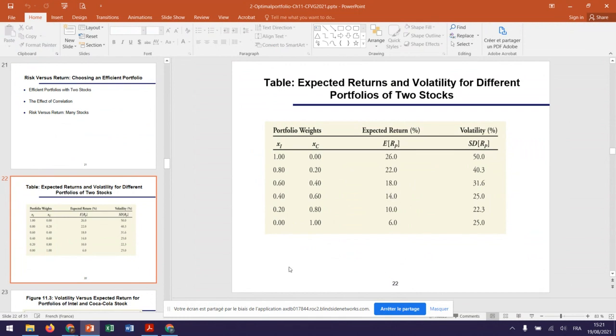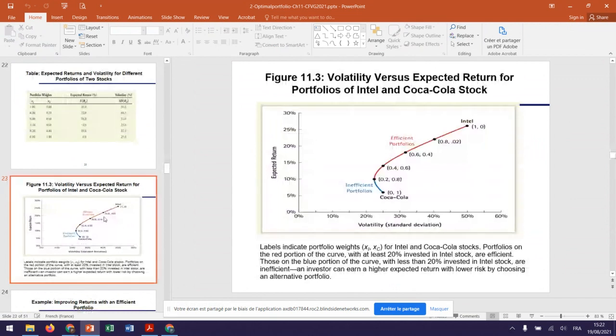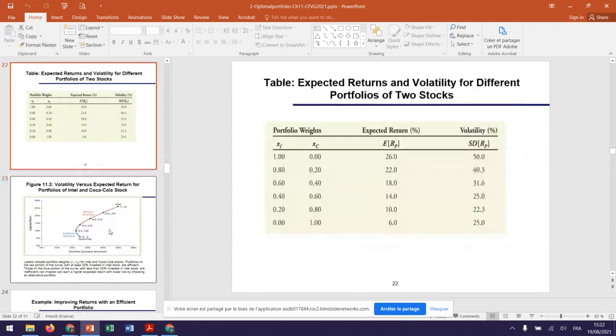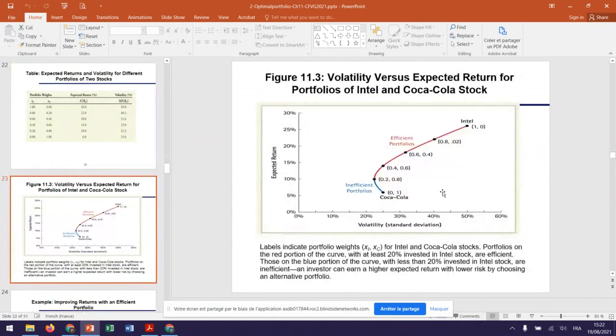Now, if I draw exactly the calculation we have just made, you can see here I have the red and the blue, with different weights. I have the volatility and return, and I plot these portfolios.